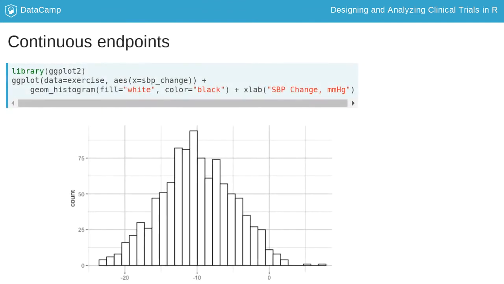We can explore the distribution of the change from baseline with plots such as QQ plots and histograms. For example, to produce a histogram, we can use the ggplot function. Here we specify the name of the dataset, exercise, the variable of interest, and the layer for histogram.